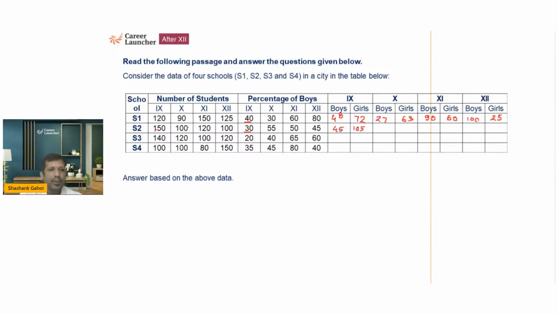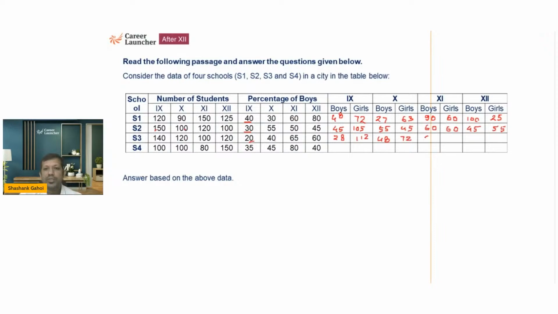Okay. Out of 100, 55 and 45. Okay. Out of 120, 50% means 60, 60. Out of 100, 45, so I can say 45 and 55. Out of 140, 20%, that is going to be 28 and 112. Out of 120, 40 means 48 and 72.